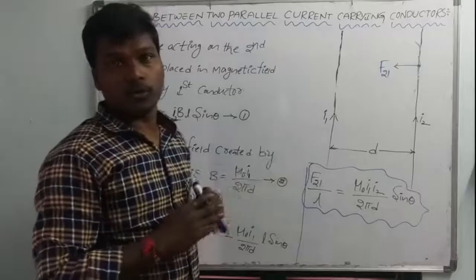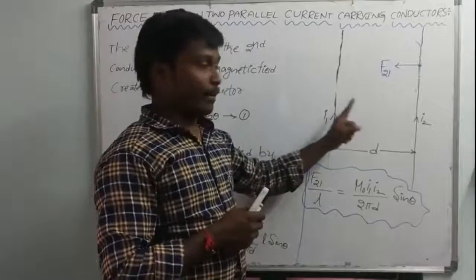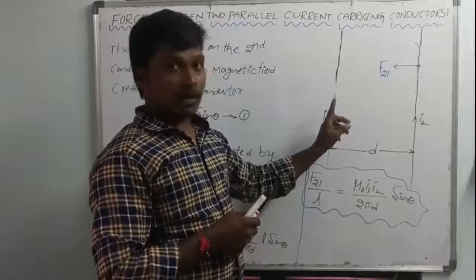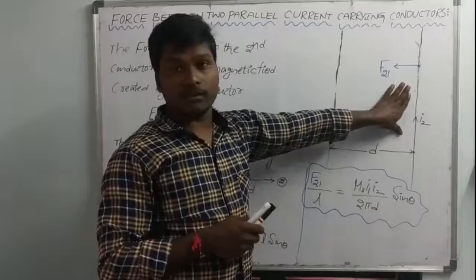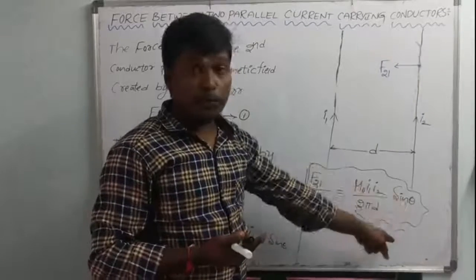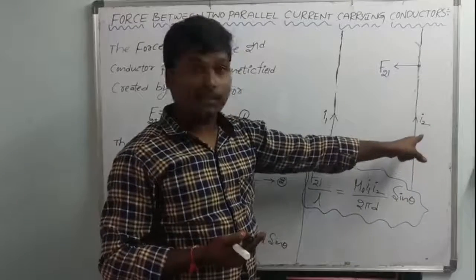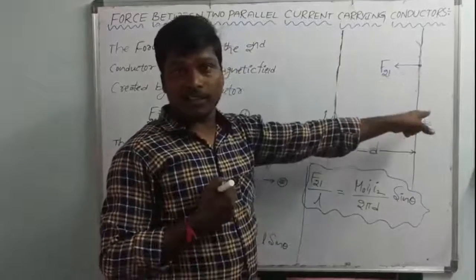Now what I am going to do? Here this conductor has created a magnetic field, and in that magnetic field we placed this one. Like that, this second conductor will also produce a magnetic field, because here also current is flowing.